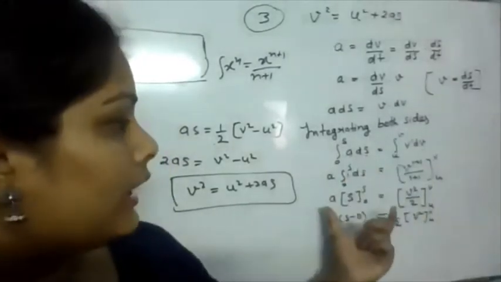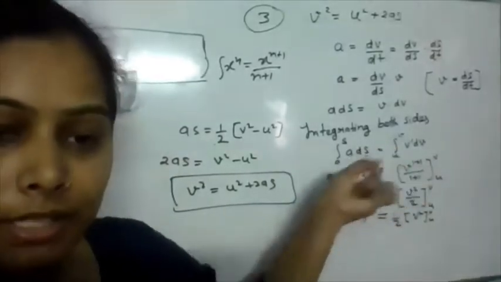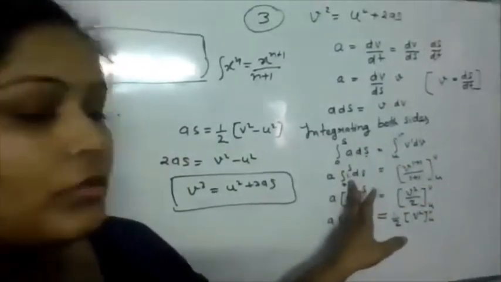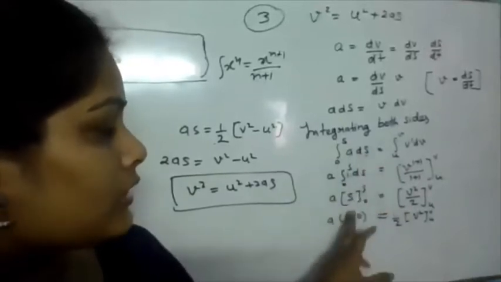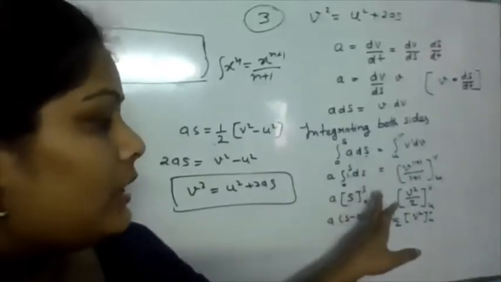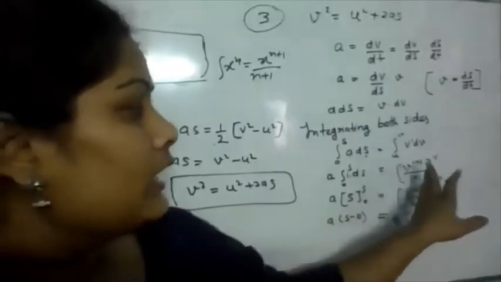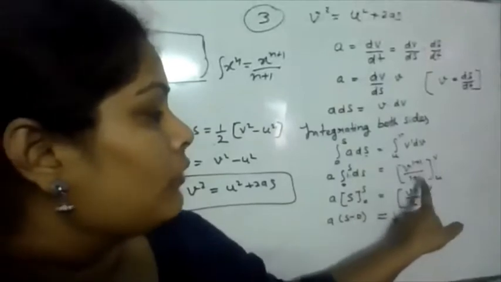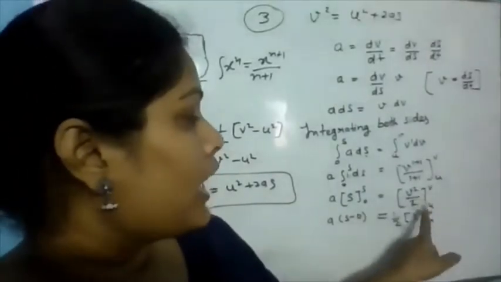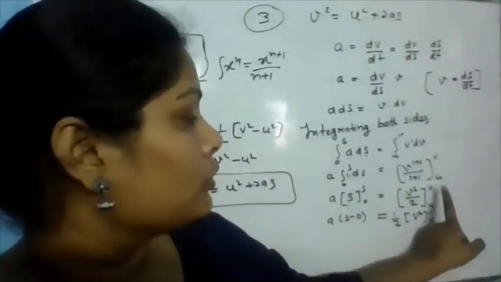Now simply integrate this. a behaves like a constant, take out the constant. Here there is nothing, so we consider 1 dot ds. By the formula of integration, we put s here, and the limit is from 0 to s. Now by the formula of integration, we put v, 1 plus 1 upon 1 plus 1, so v square upon 2, and the limit is from u to v.